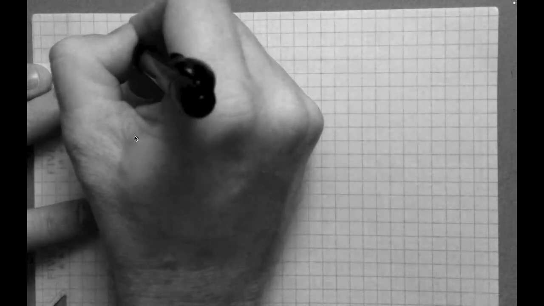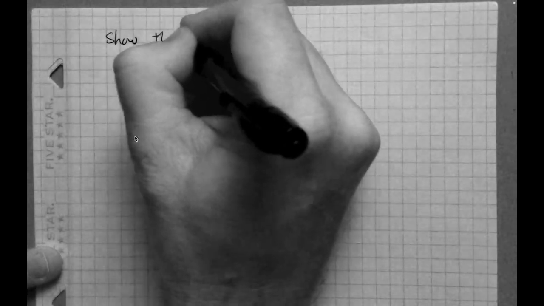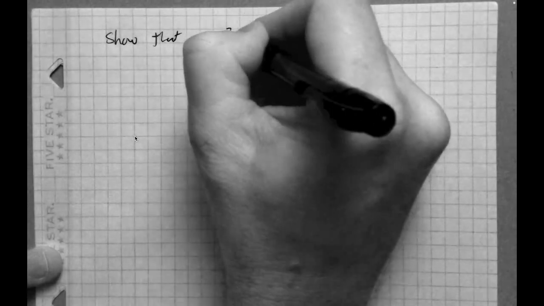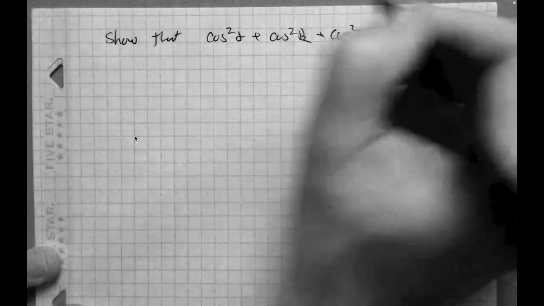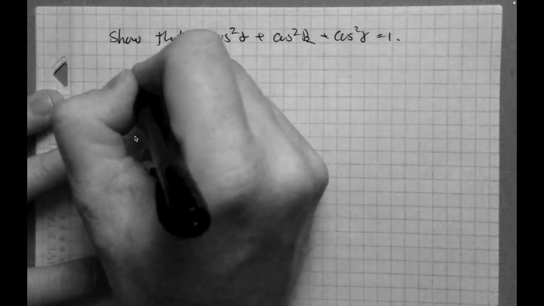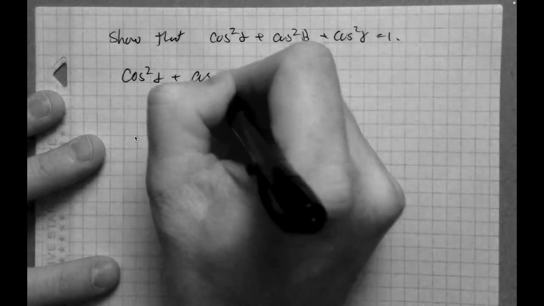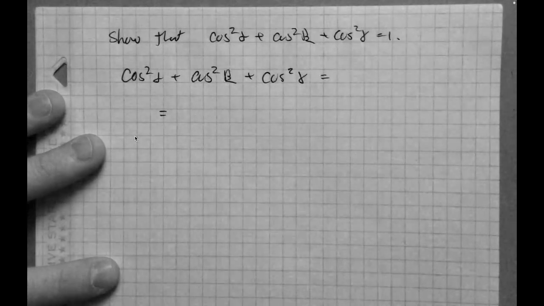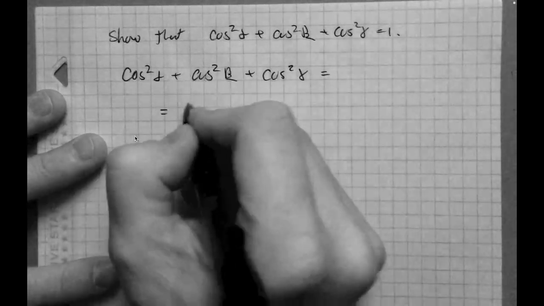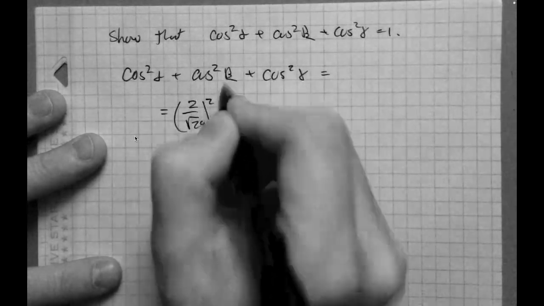All right. What about the second piece of this example, where we're asked to show that cos squared alpha plus cos squared beta plus cos squared gamma is 1? Well, we can easily do this. Cos alpha we saw was 2 over the square root of 29, and then we square it.